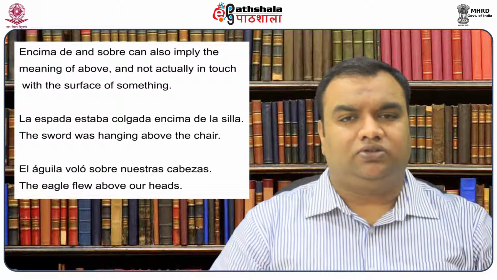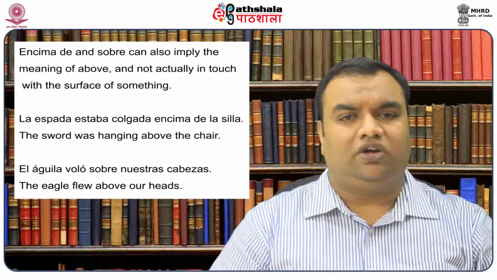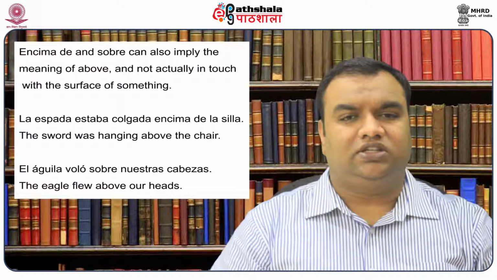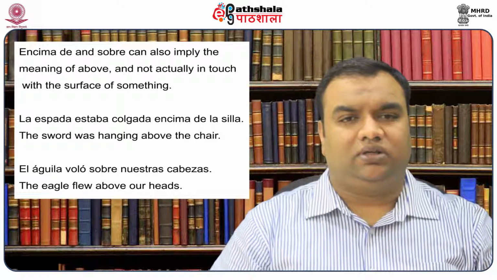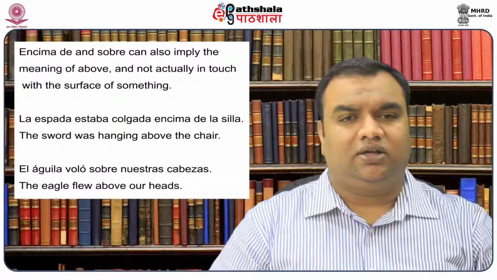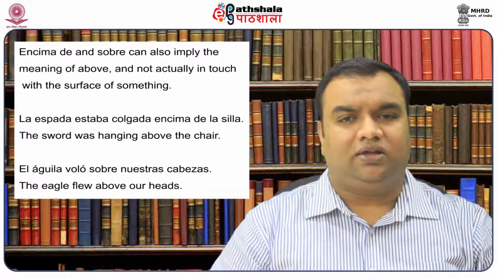Encima de and sobre can also imply the meaning of above and not actually in touch with the surface of something. For example, la espada estaba colgada encima de la silla.